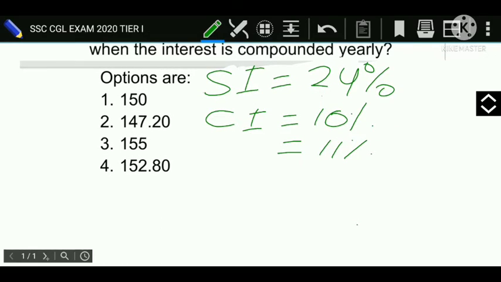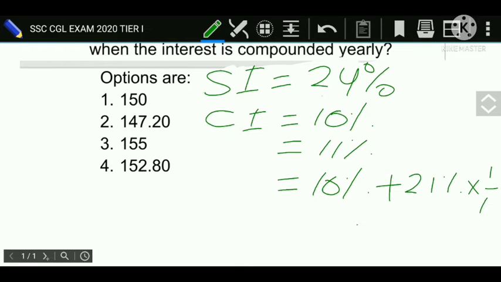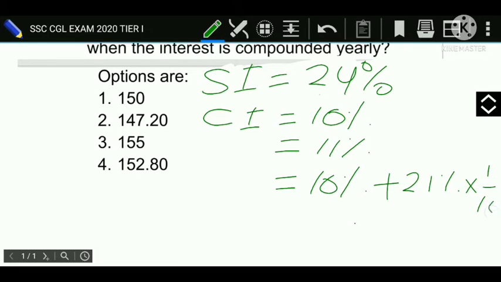Now for the leftover period, 10% plus previous period interest 10 plus 11, 21%, into its 10% means 1 by 10. So this will be 12.1%.